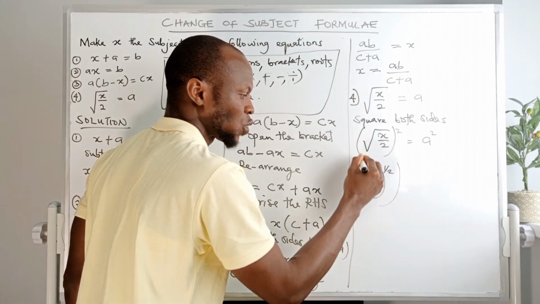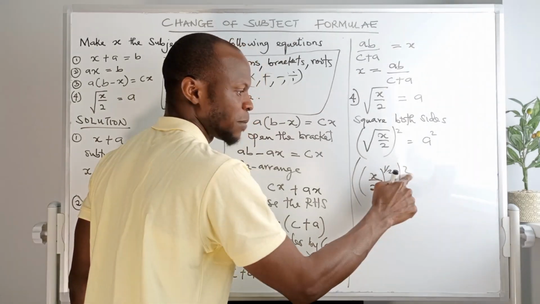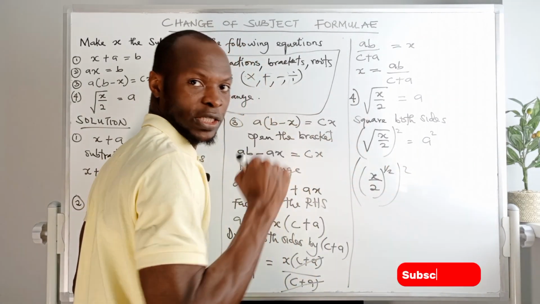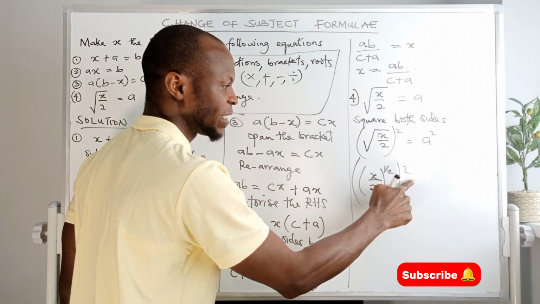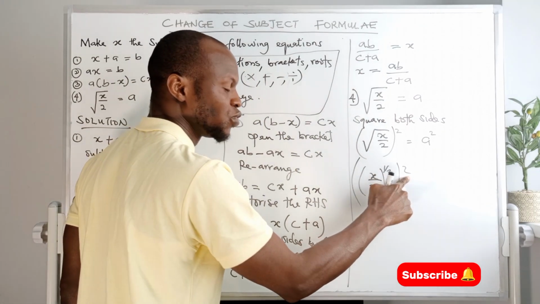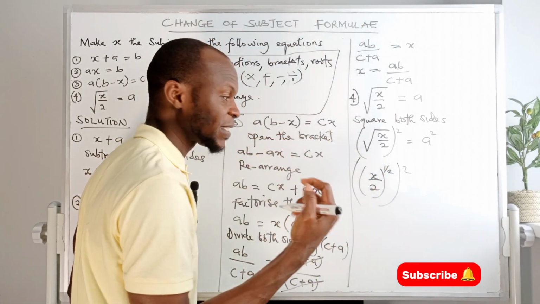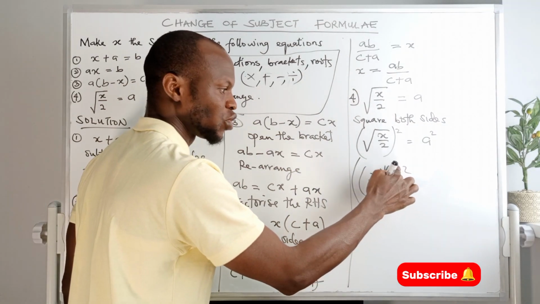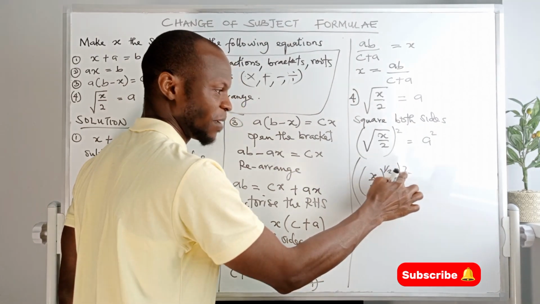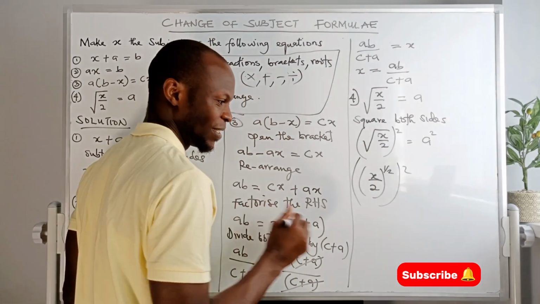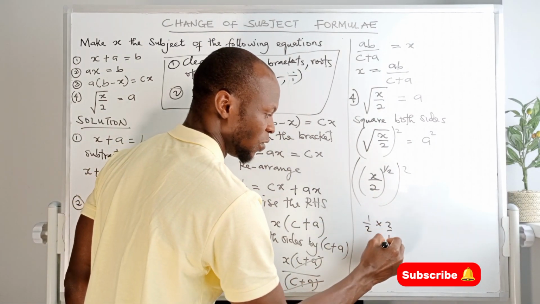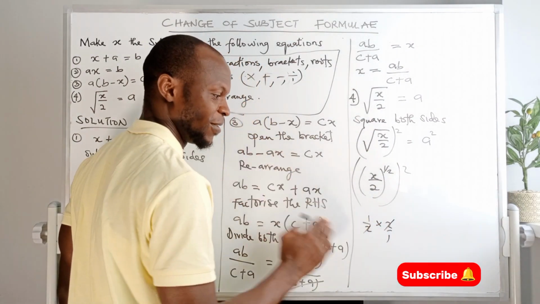So if I'm still squaring this, that shows half times 2 is what? Will be 1. Okay, so if I'm squaring it, that shows this is half times 2. Don't forget, in the law of indices, when you have two powers, they are joined together by multiplication. So half times 2 will give me 1. Half times 2, okay? 2 cancel 2, that will be 1, okay?